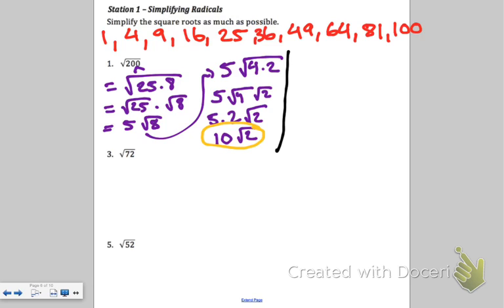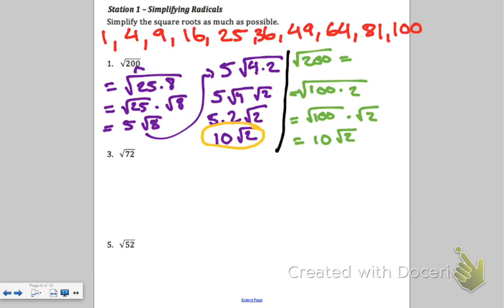Right, so we're still simplifying radical 200. And we can also write 200 as the product of 100 times 2. So now we can simplify this as radical 100 times radical 2, which is 10 times the square root of 2. So again, we've ended up with the same answer. We've just taken a different route.